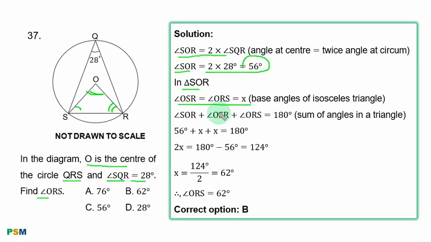In that triangle, you add the 3 angles, the sum is equal to 180 degrees. You have this result, and S is equal to 62 degrees. Therefore S, which is one of the base angles, angle ORS, the required angle, is equal to 62 degrees. The correct option is B.